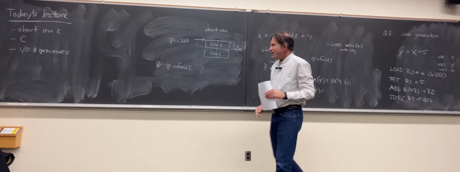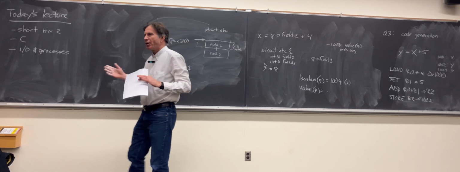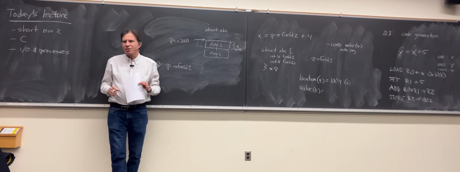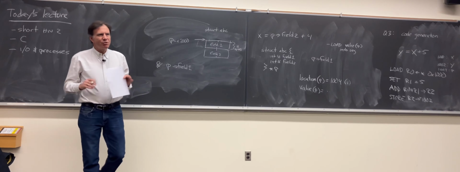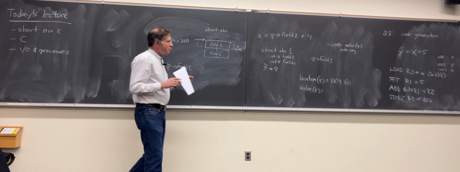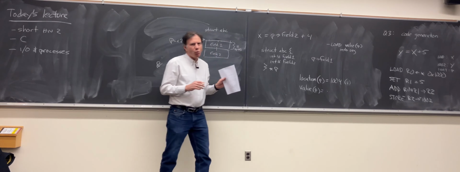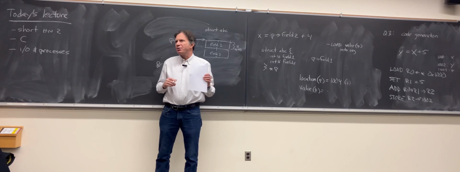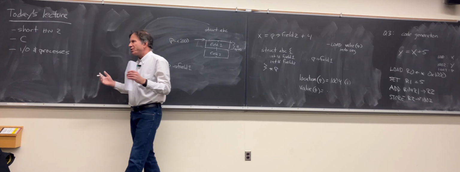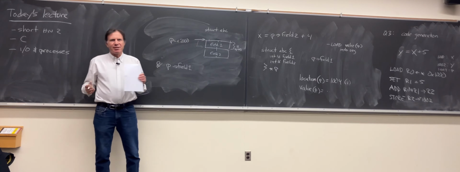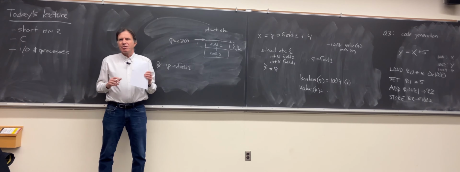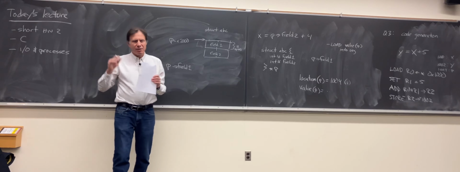Now, C is actually going to complain if you try to interchange the two things, because it's quite useful to keep people from switching pointers to integers and pointers to struct ABC. Because if you accidentally assign one to the other, you're probably doing something very wrong.